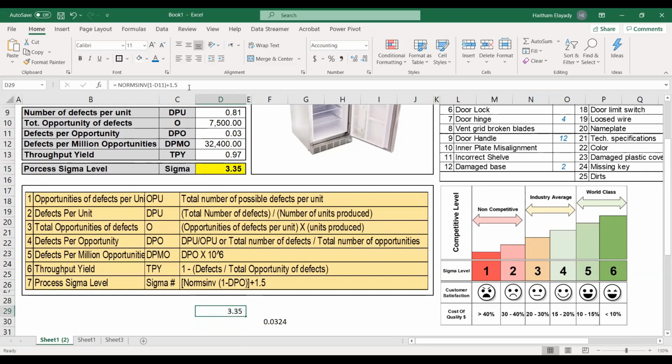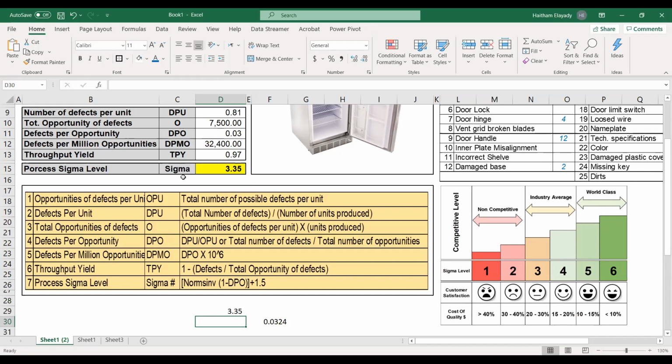Or I can say, instead of 1 minus the D11, I will take directly the TPY, and it's again giving me the same result, 3.35.